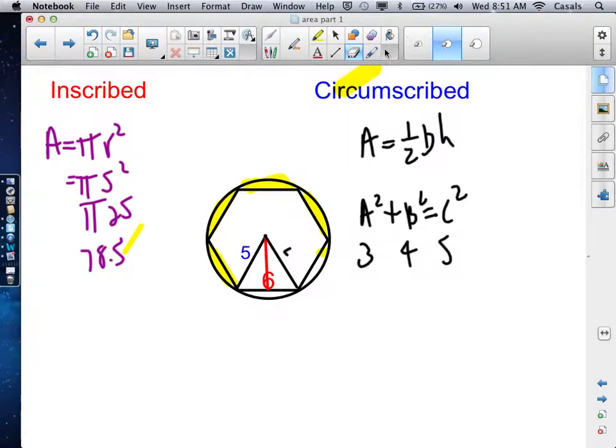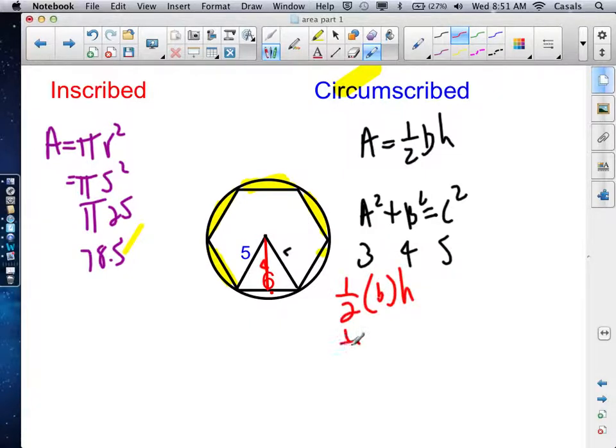The area of a triangle is half the base times the height. If the height is 4 and my base is 6, half of 6 is 3, and 3 times 4 is 12. So the area of this triangle right here is going to be 12.